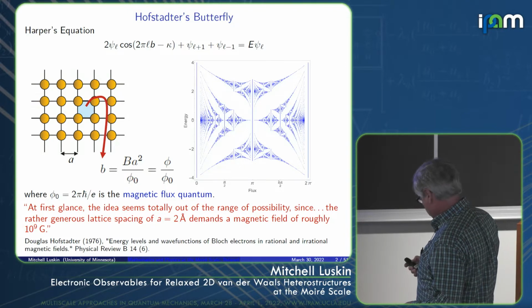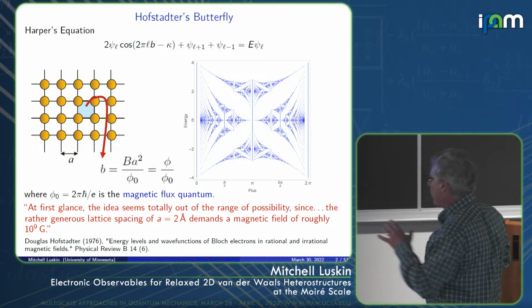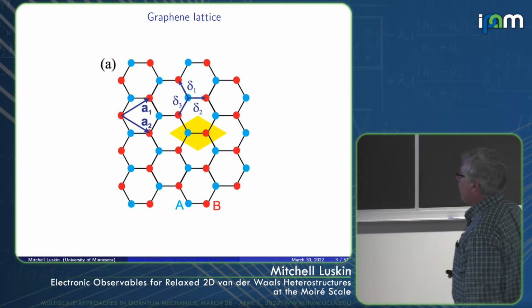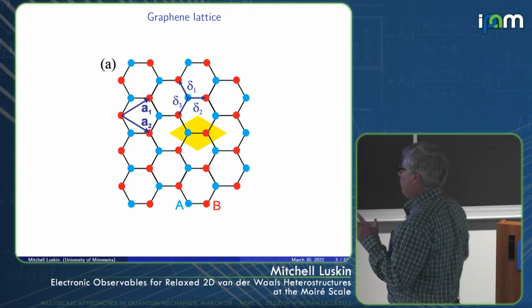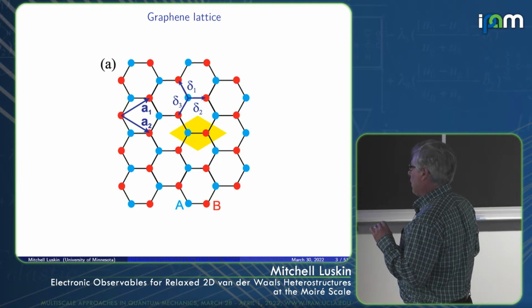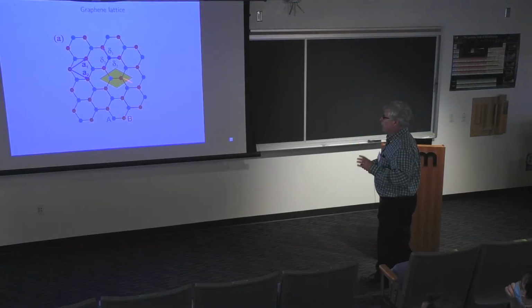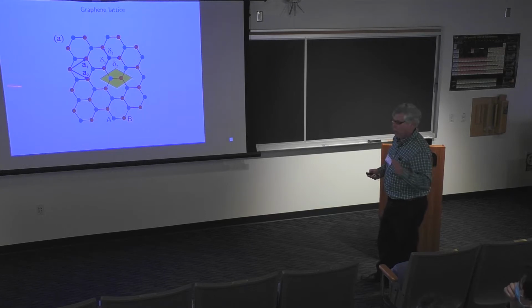People tried to reproduce this in various physical systems, but not really in a crystal. That was first done in twisted bilayer graphene. So I have to tell you a little bit about graphene, which I'm mainly going to focus on in this talk, although everything I say applies to a whole wide range of 2D materials.